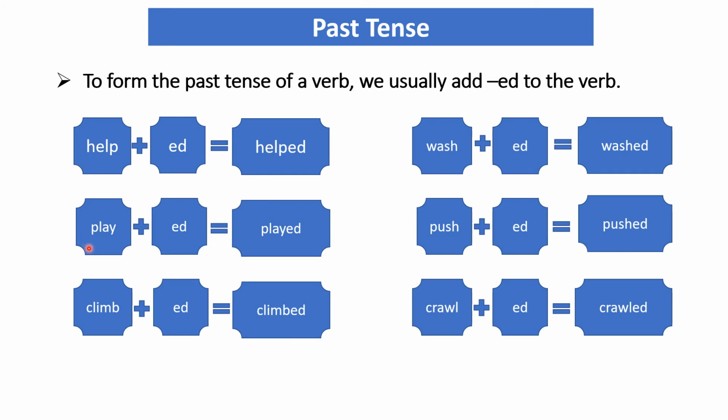Same goes here. Play plus ed, played. Played is the past tense of play. Climb plus ed becomes climbed. Climbed is the past tense. Wash plus ed, washed. And this is the past tense. Push plus ed becomes pushed. Crawl plus ed becomes crawled.